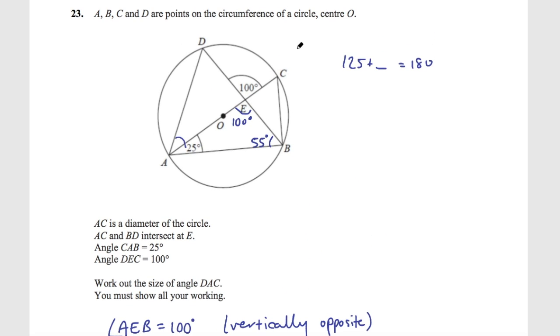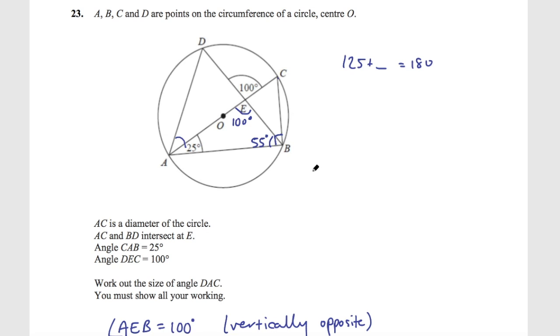And the other thing you need to know is angles in a semicircle are always 90 degrees if they are subtended by the diameter. So you can see here they've told us that AC is the diameter, and this angle here, CBA, is joining the ends of the diameter, so that means that this angle is 90 degrees.